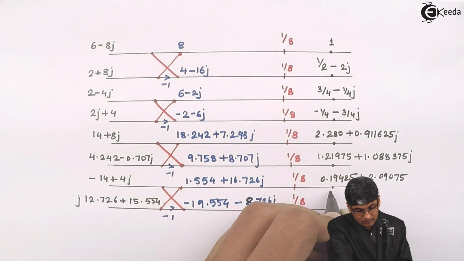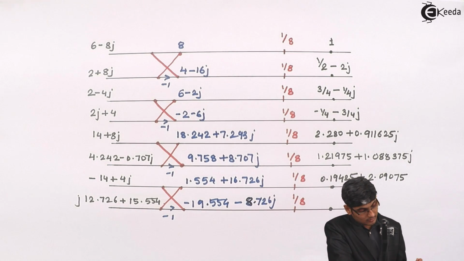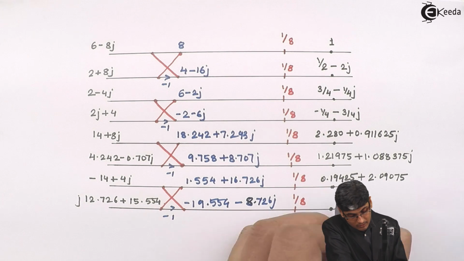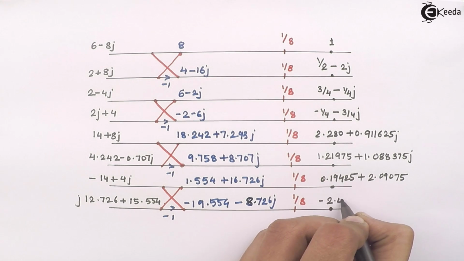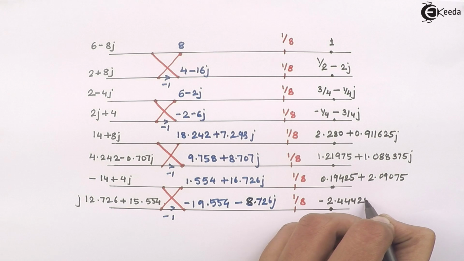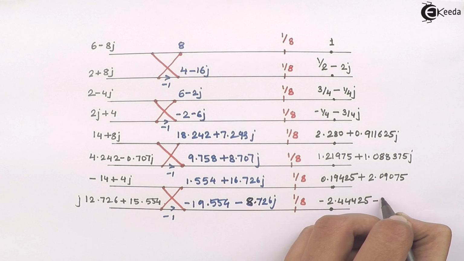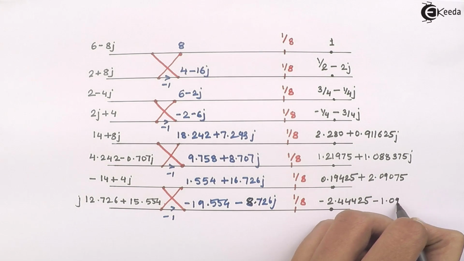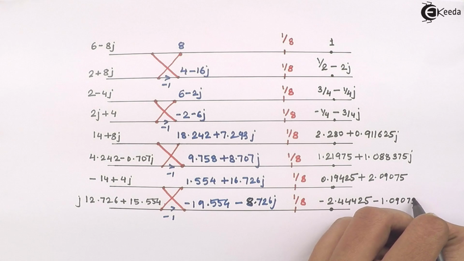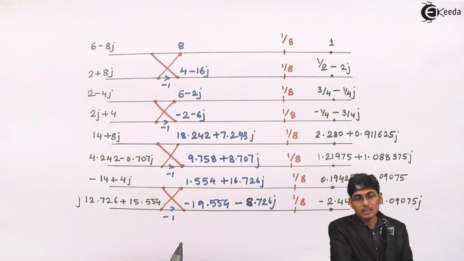And lastly, so this is the last sample, I will have 19.554 divided by 8, which gives me minus 2.44425, and last is 8.726 divided by 8, which is minus 1.09075j.